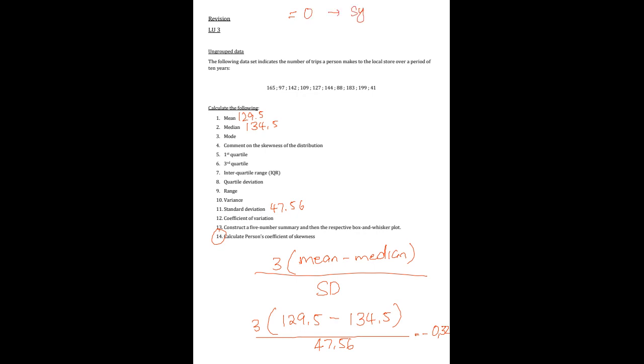If you find that your answer is greater than 0, then it is a positively skewed data set. And if you find that your answer is less than 0, then it is a negatively skewed data set.